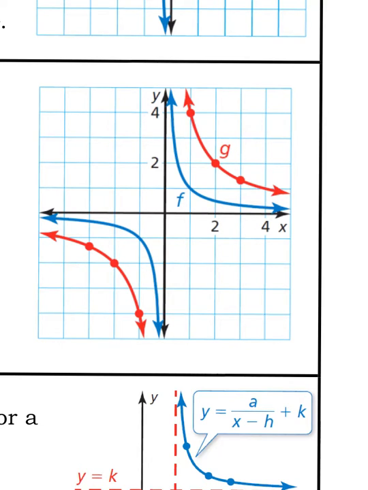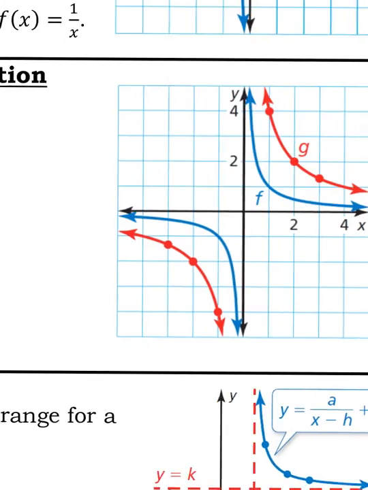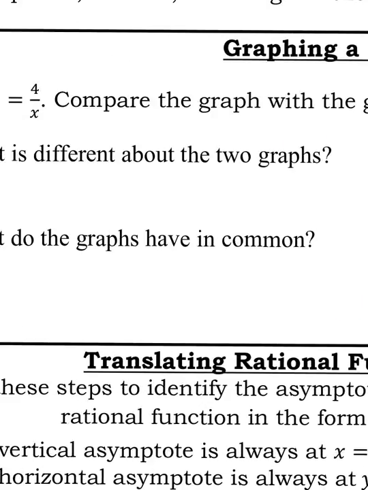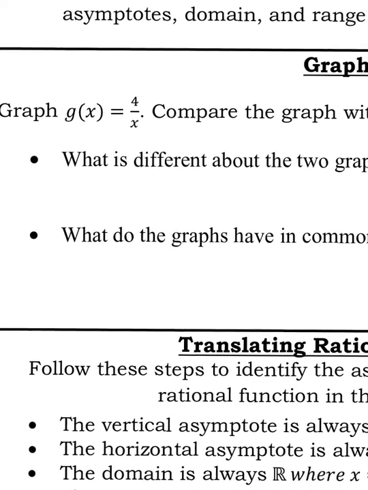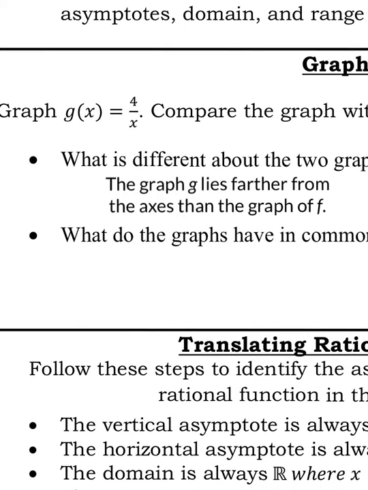Other than that, everything else is ultimately the same. So that's basically how I wrote it down: the graph of g lies farther from the axes than the graph of f.